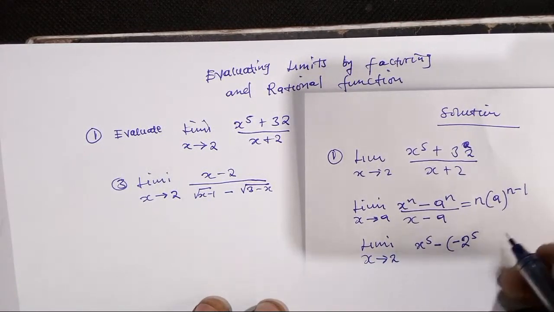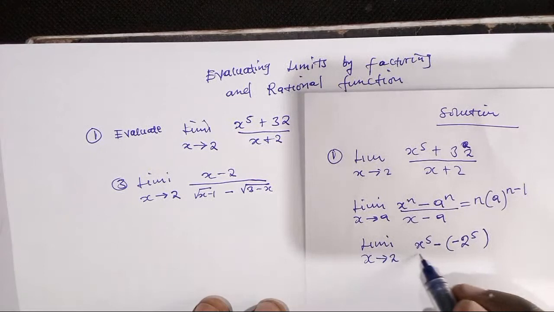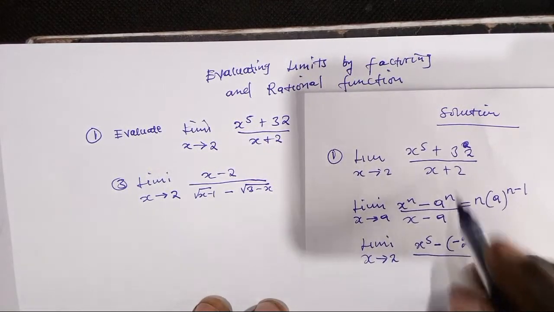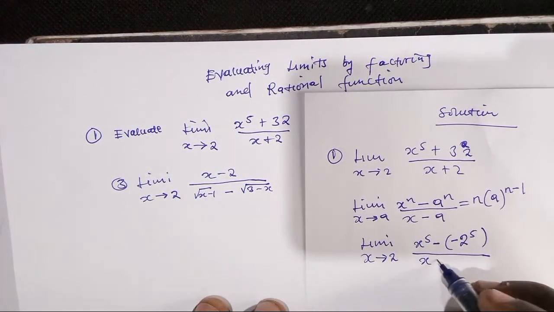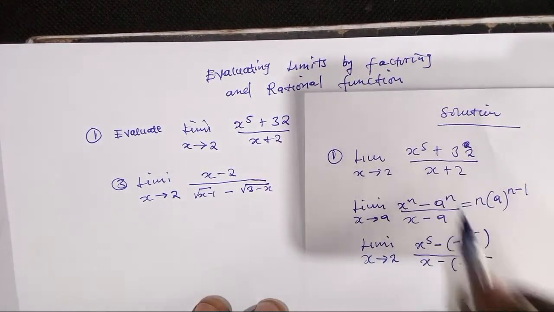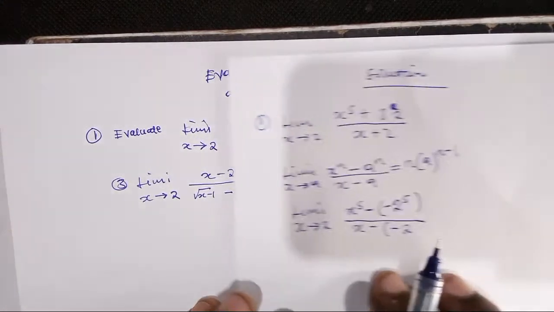Then over, down here we are going to do the same, x minus (minus 2), because negative times negative is a positive.